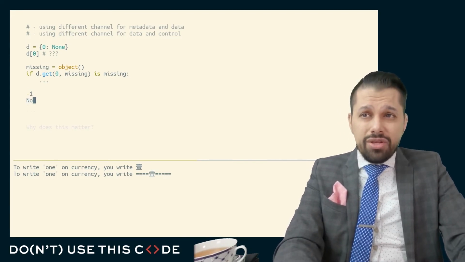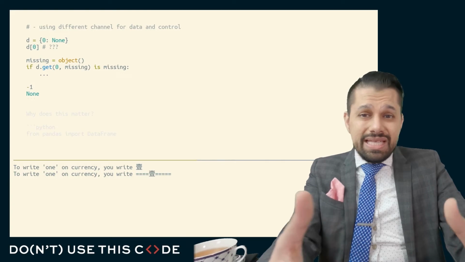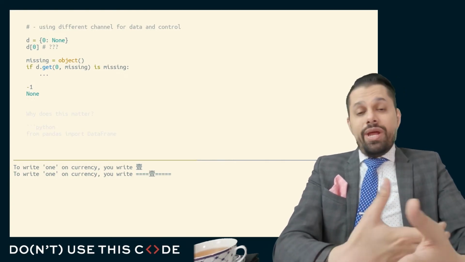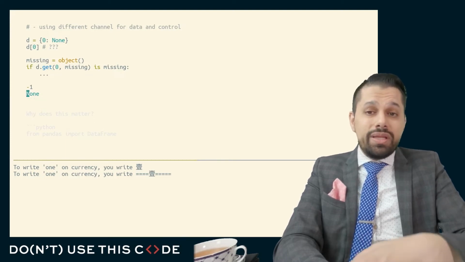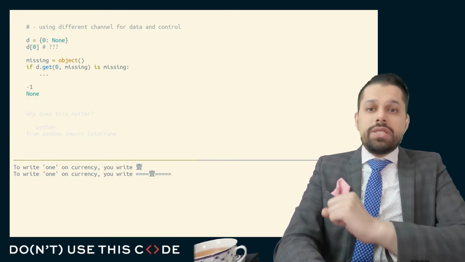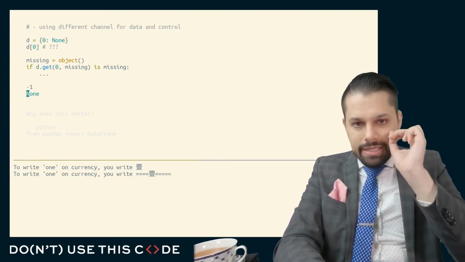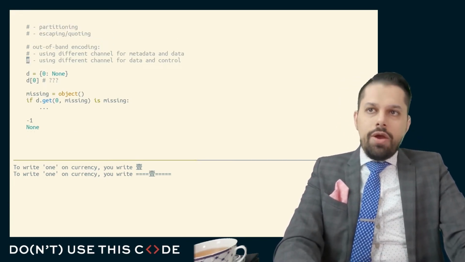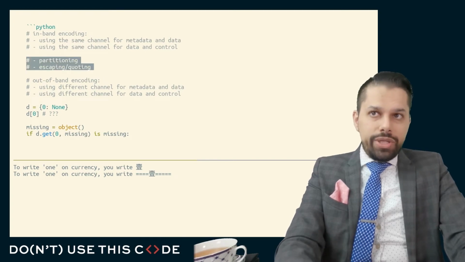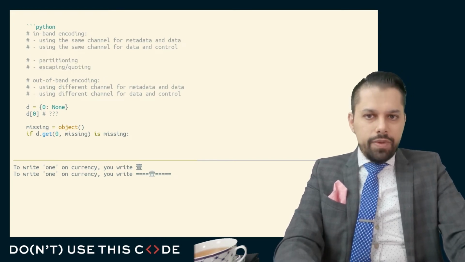Or return a none value. But fundamentally, you can see the dictionary raises this key error because it wants to give you an unambiguous way to determine that the key wasn't there, where all of these other approaches with the in-band encoding have necessary ambiguities and require some strategy for eliminating that ambiguity. There are more strategies than partitioning, escaping, and quoting.